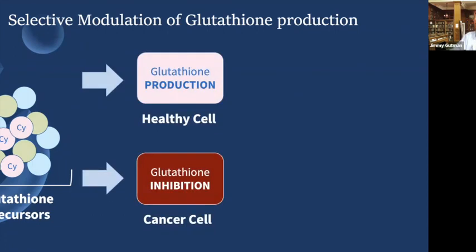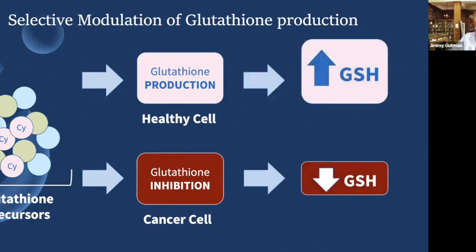When these precursors are taken up by normal healthy cells, they're used effectively to raise glutathione levels. But when they get to a cancer cell, which already has super high levels of glutathione, they cause the negative feedback mechanism to kick in, as we just saw. In simpler terms, the healthy cells start to produce glutathione, but the cancer cells are induced to make less glutathione.